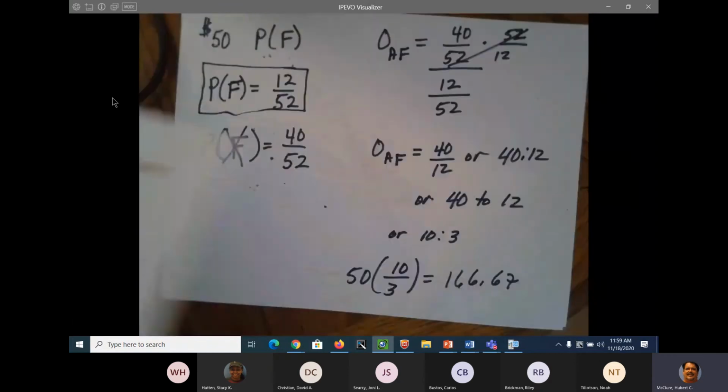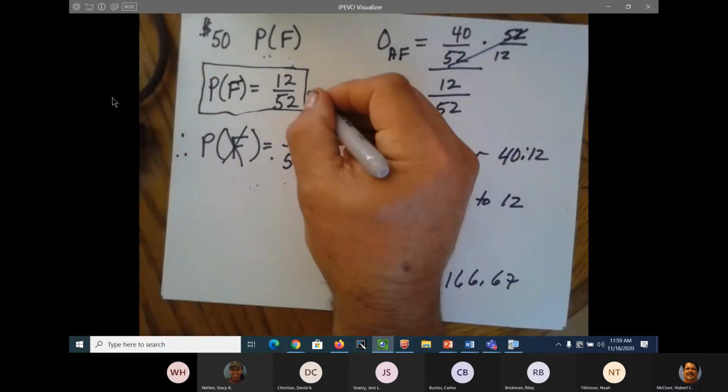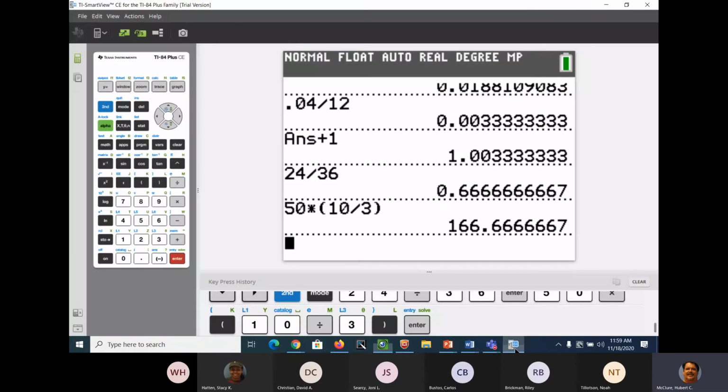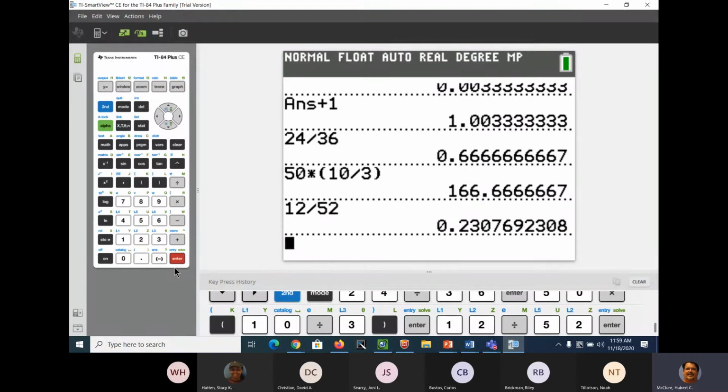What happened to the probability here? Well, what's 12 over 52? 12 divided by 52 is about 0.2. The probability of winning went down.